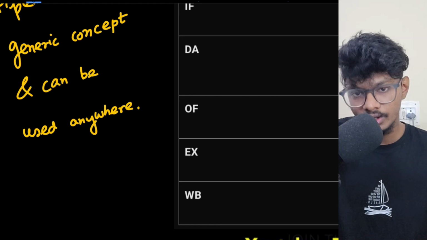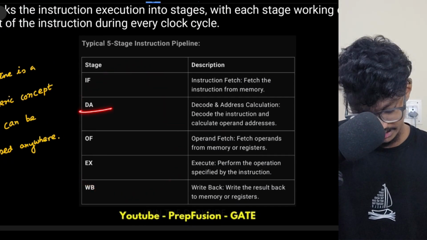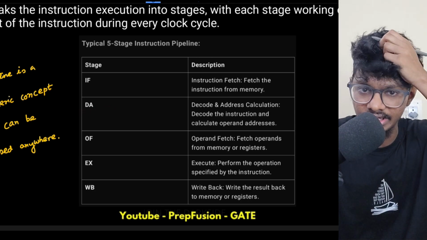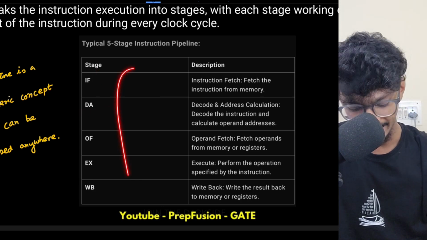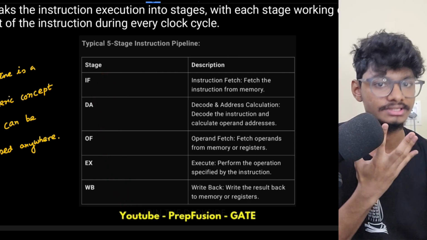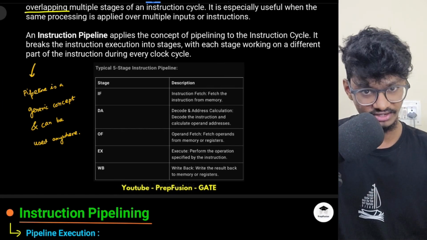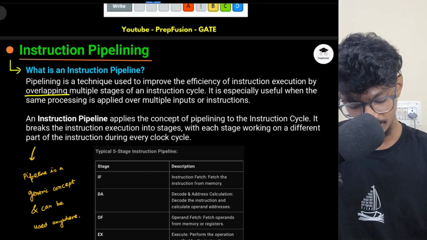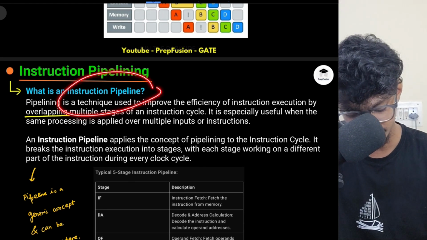Okay, but we are using it on instructions. This instruction can be anything, addition, subtraction, anything. But an instruction has a total of 5 stages. So I can divide all this into 5 stages and then I can apply my concept of pipelining. If I apply the concept of pipelining to the instructions of a computer, that is known as instruction pipelining.